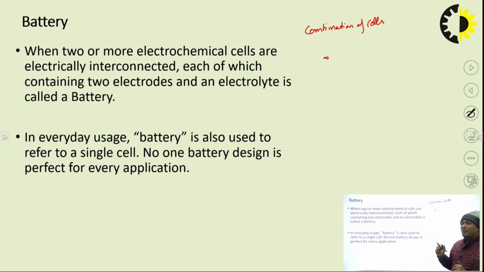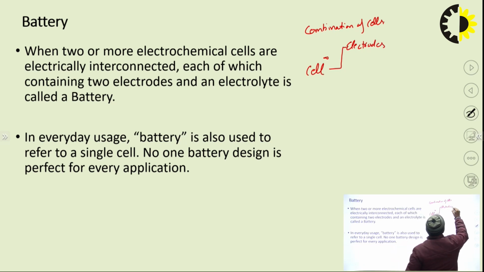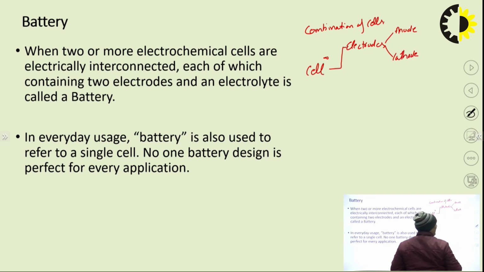And what is the cell? This cell basically contains electrodes, and these electrodes may be anode and cathode. Here the symbol of anode is written as negative terminal and the cathode symbol is represented as positive terminal.